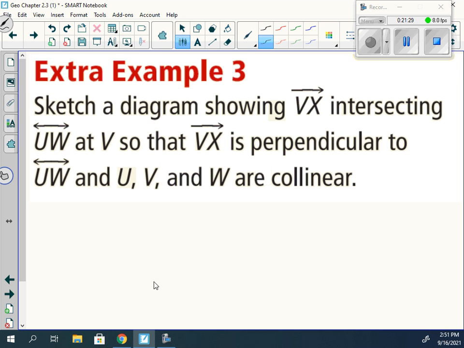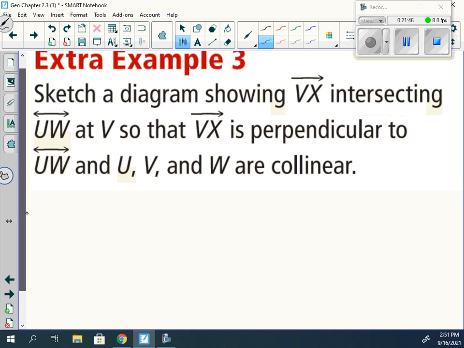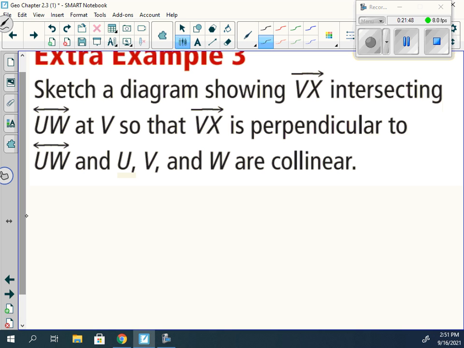Okay, let's look at this here. Sketch a diagram showing that ray VX intersects line UW at point V, so that VX is perpendicular to UW, and U, V, and W are all collinear. Wait a minute.